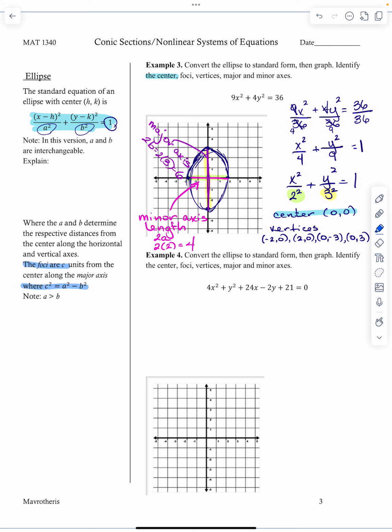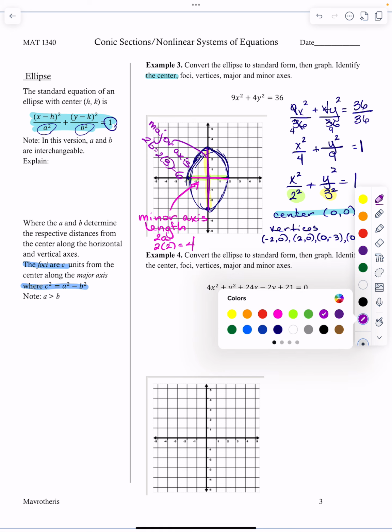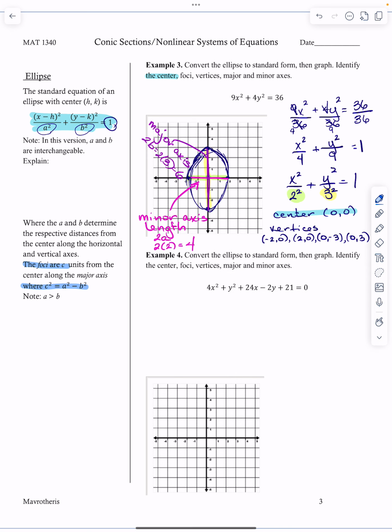Foci occur on the major axis, and c squared equals the difference of our two denominators, but we've got to subtract larger minus smaller. So here it says a squared minus b squared. Notice in our case, it was b squared minus a squared. That was our 3 squared minus 2 squared, 9 minus 4. C squared is 5, which means c is the square root of 5. So somewhere between 2 and 3.